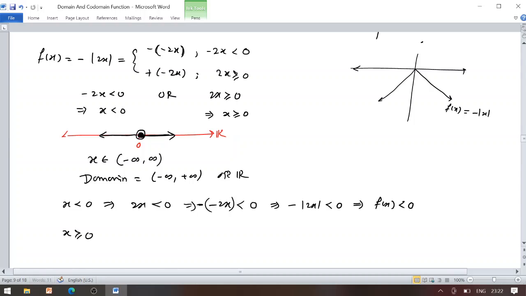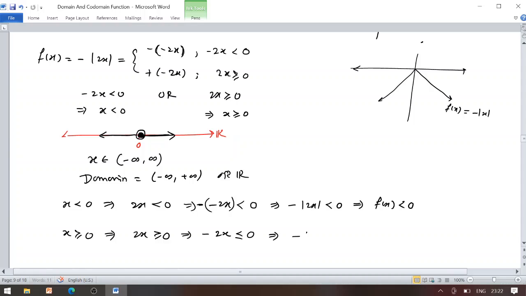As per the second case, x is greater than or equal to 0. So that implies twice x is greater than or equal to 0. There is a minus of twice x, so we arrange the negative sign. That implies minus of twice x is, with a change of sign of inequality from greater equal to less equal due to the negative sign, less than or equal to 0.